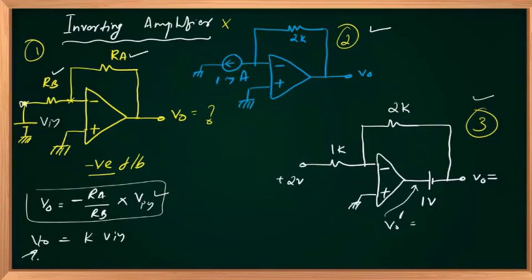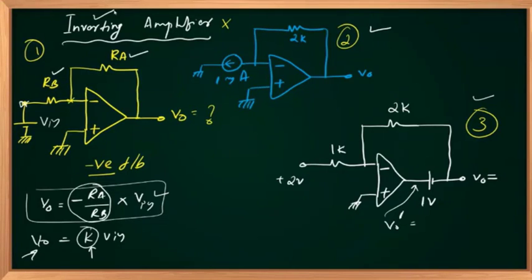So output is linearly proportional to V in, and that linearity constant K is the ratio of the resistances RA upon RB with a negative sign. Since there exists a negative sign, we call it an inverting amplifier, but that doesn't have any significance in the exam. It's inverting because you have a negative sign. That's it.